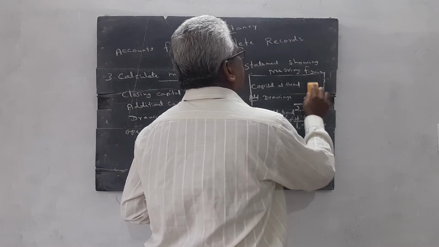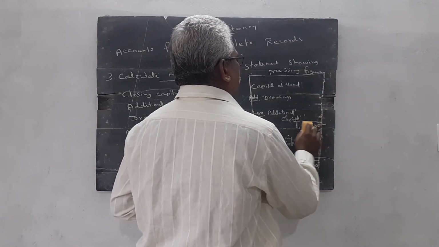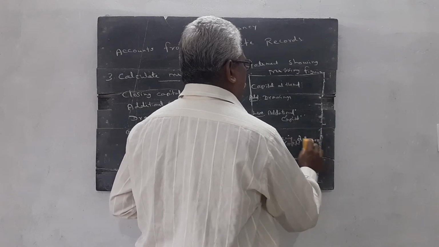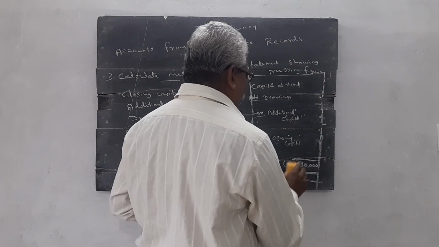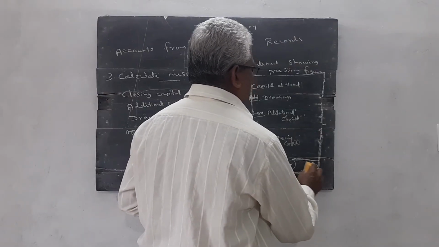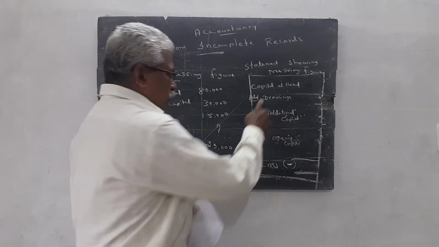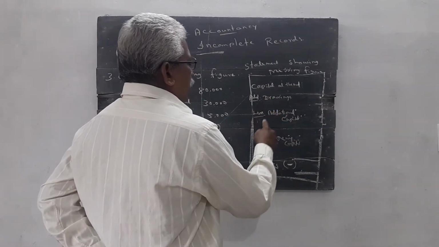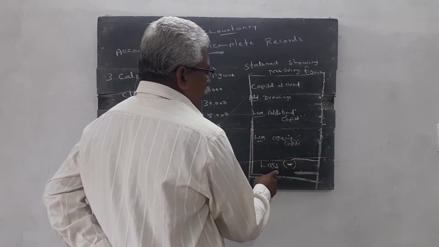Calculate the capital at the end, add drawings, less additional capital, less opening capital. In this question, loss is given. So here also you write the word loss. We can get profit or loss.